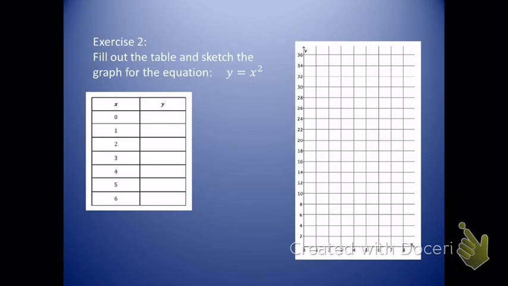Okay, so I'm going to quickly fill out this input-output table. 0 squared is 0, 1 squared is 1, 2 squared is 4, and then I have 9, 16, 25, and 36.